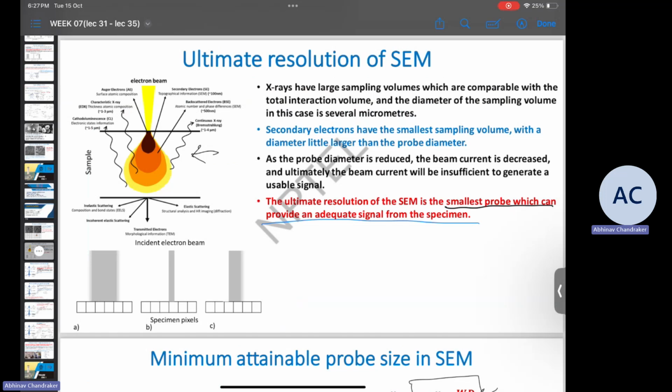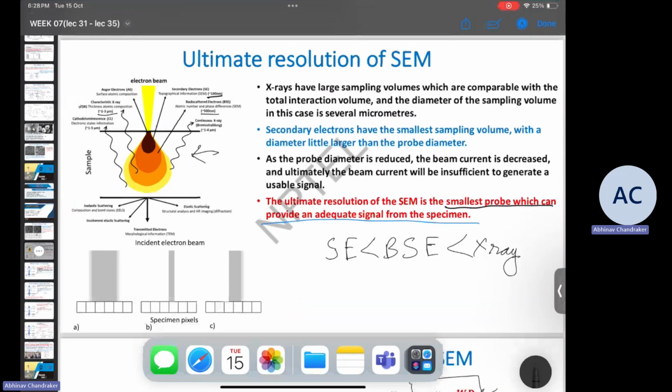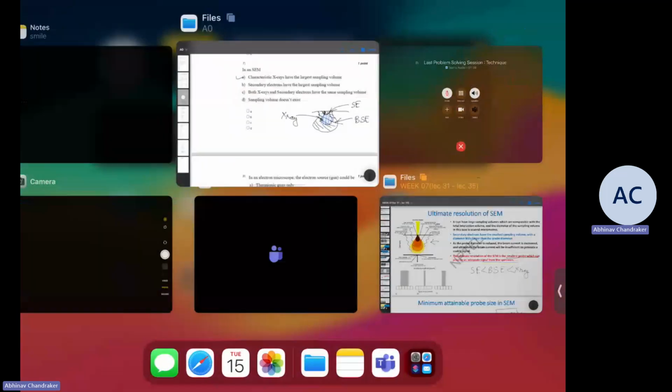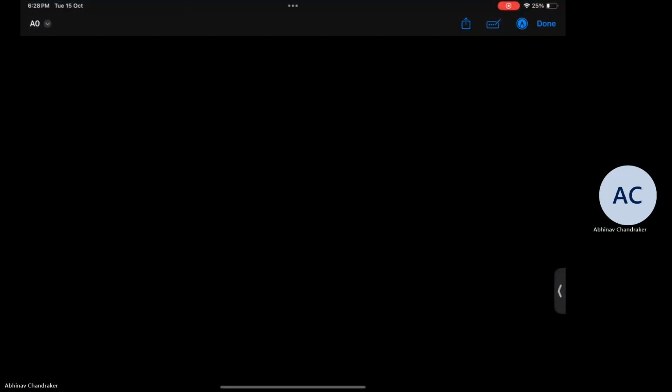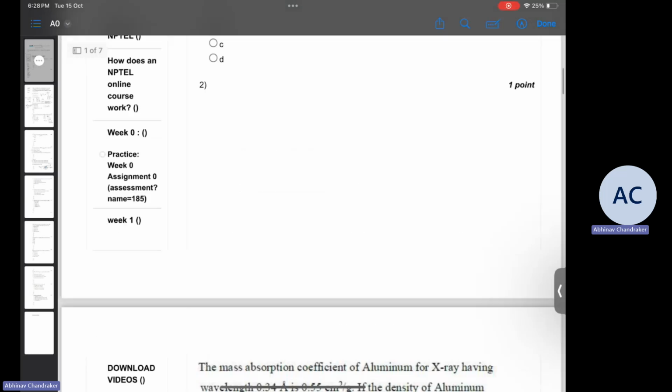Secondary electrons are around 100 nanometers, backscattered electrons have around 500 nanometers, while characteristic X-rays have around 1 to 3 microns. So I had interchanged BSE and X-ray. It's SE less than BSE less than X-ray. X-ray will be more penetrating than the backscattered electron. So that was my mistake, and here I'll just correct it.